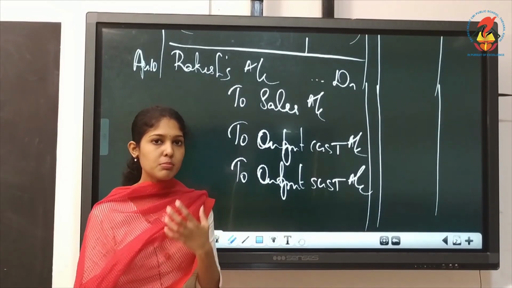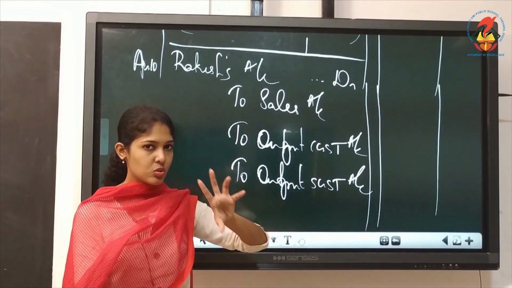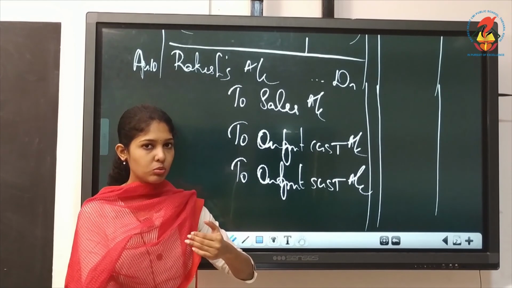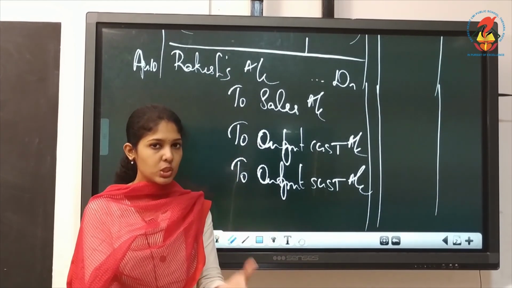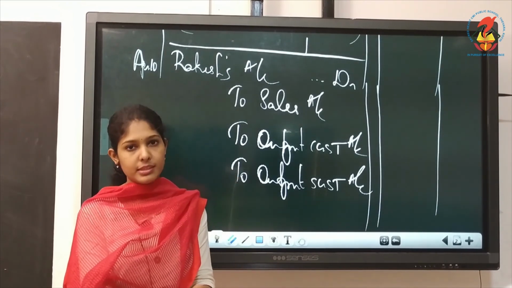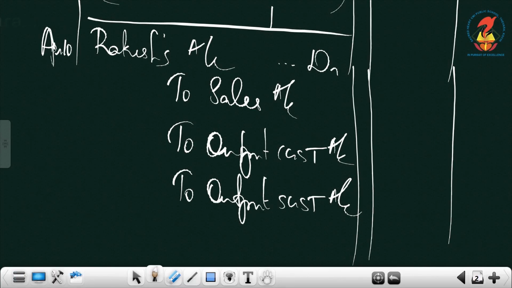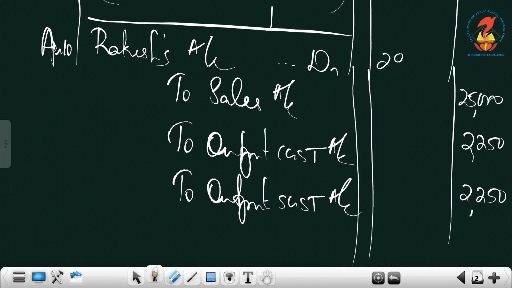That 25,000 must come against the sale value. Understood? You must write the figures very carefully. The purchased value or the sale value must be written against purchases account or against sales account. So here it is 25,000. Then on that you can compute 9%. So 2,250 each. Now add the credit side total, and you can write the total on the debit side as 29,500.